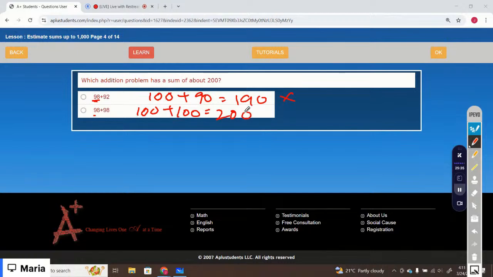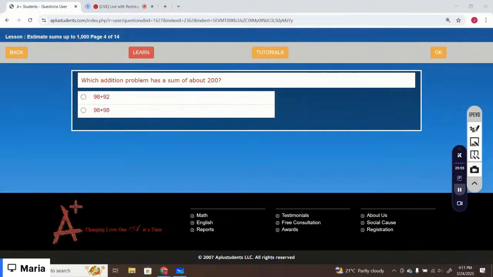So when you add, they make 200. Option number 2 is the correct option. Very good.